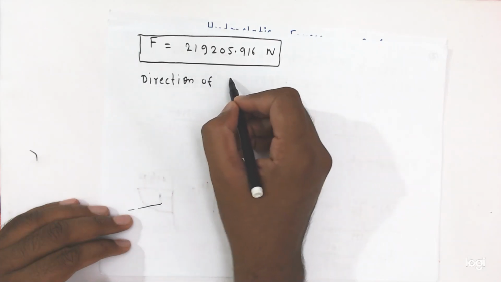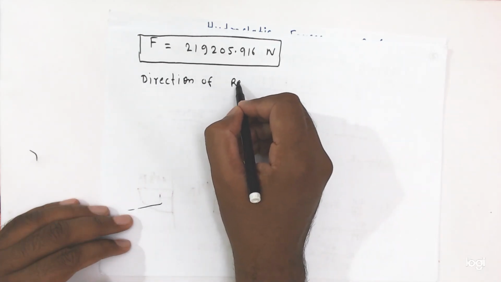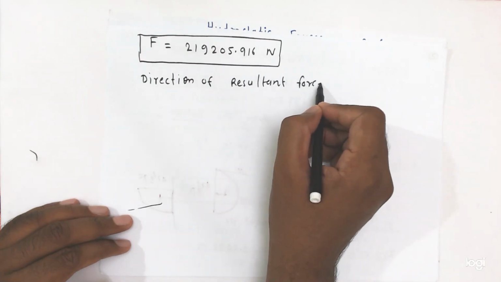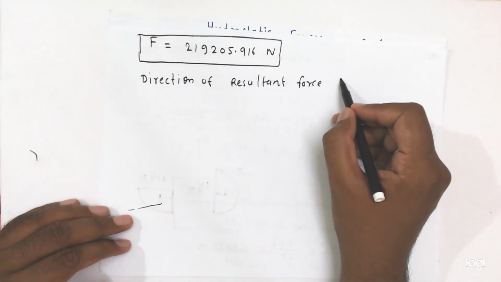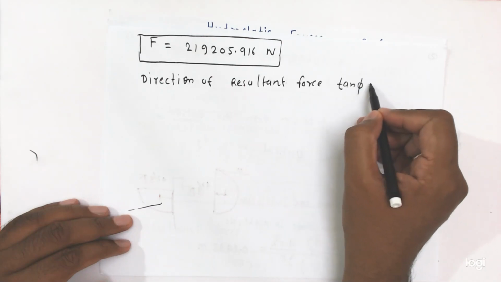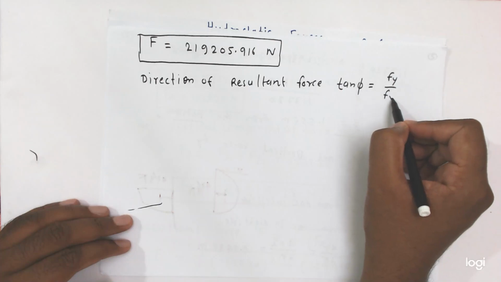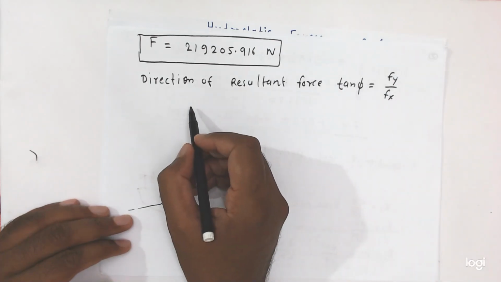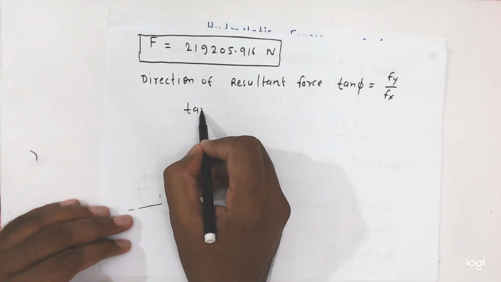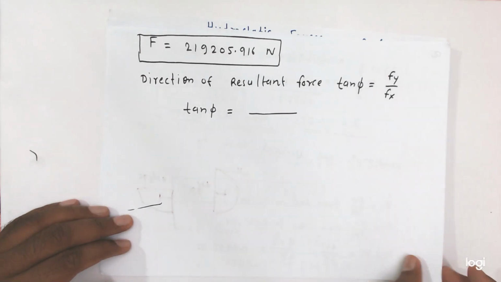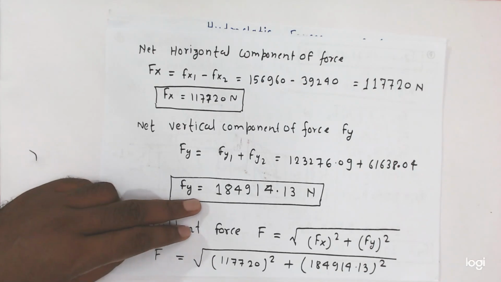Direction of the resultant force is equal to what friends? This is the tan phi and it is equivalent to the Fy by Fx. So from here we are able to find this tan phi, how much is there? Fy and Fx. So friends, Fy is equal to what?